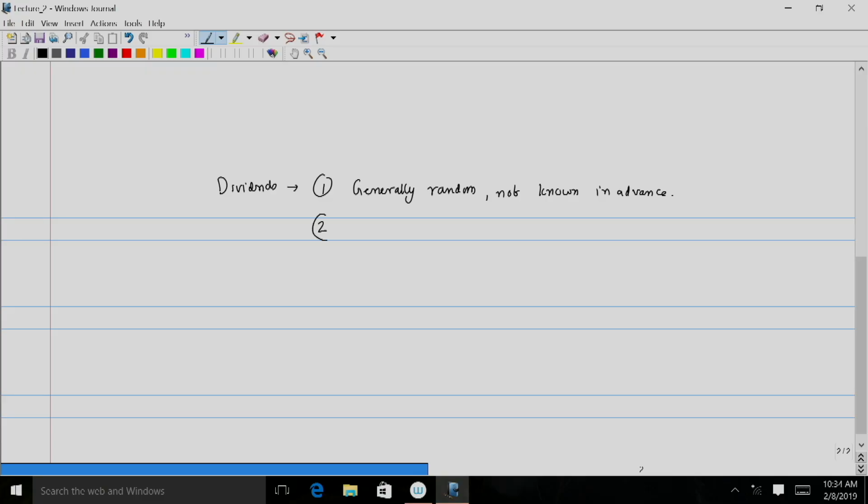And the second key point about dividends is that it depends on the firm's profit and policy. Why I say it depends on the firm's profit is that the question of dividend arises only if the firm is making a profit, and upon making the profit, it is dependent on the firm's policy whether they want to hand out dividends to the stockholders or whether they want to reinvest the money in order to expand the existing business, or whether they want to further their business in other diversified areas.